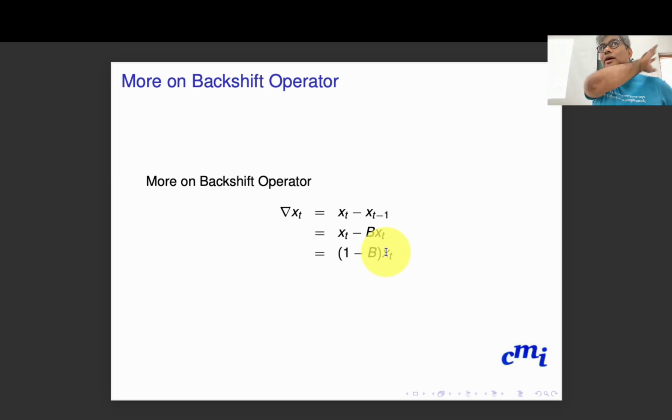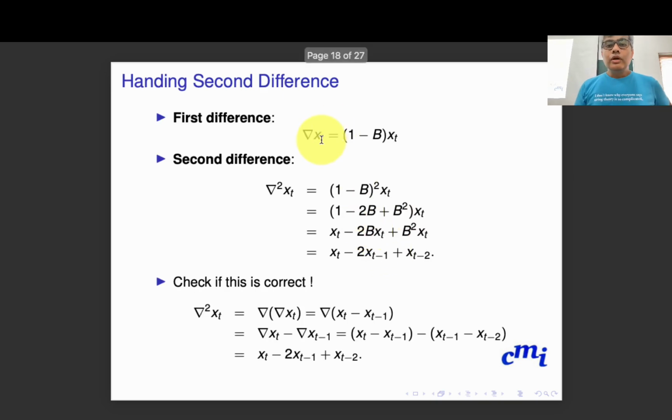Simple algebra, your basic college algebra, your bachelor's first year algebra will just walk through here. And this is the power of the backshift operator. It's very simple, nothing new. Okay, so now nabla equals 1 minus B, so nabla squared is 1 minus B squared xt.